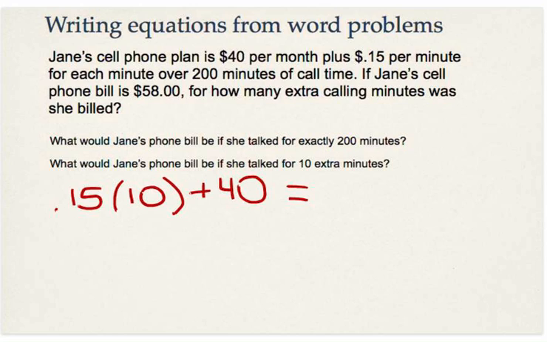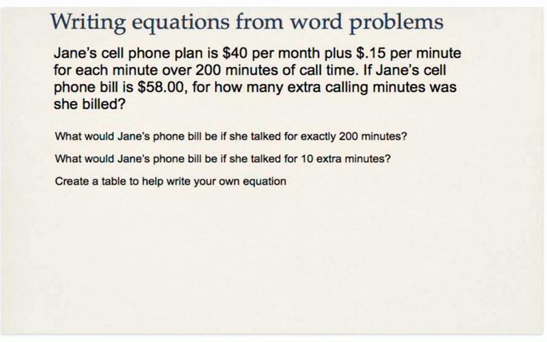So we know that the 15 cents times 10 would be $1.50 plus the 40, and that would give us $41.50. Copy these steps into your notes. So now you are asked to create a table to help you write the equation.